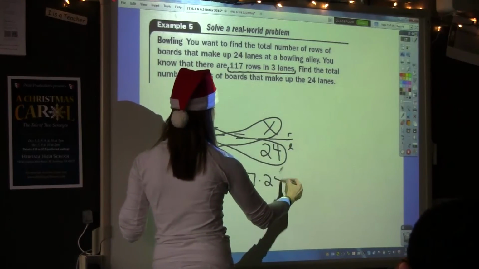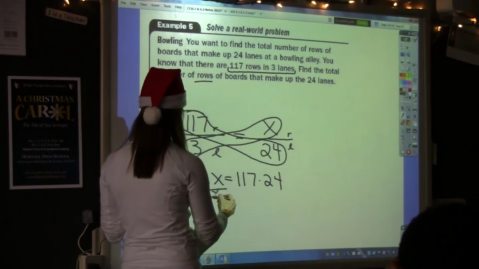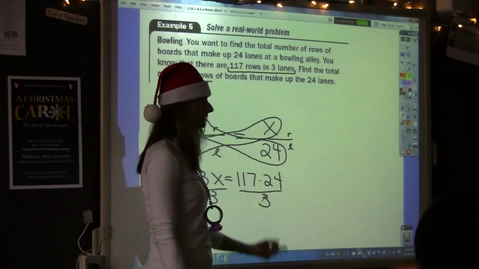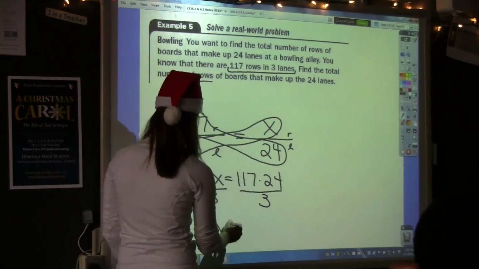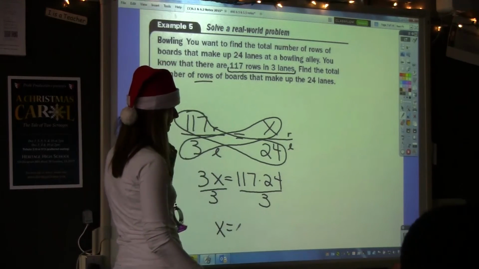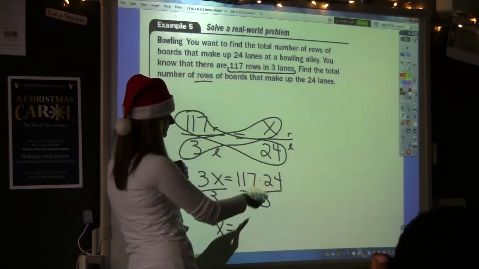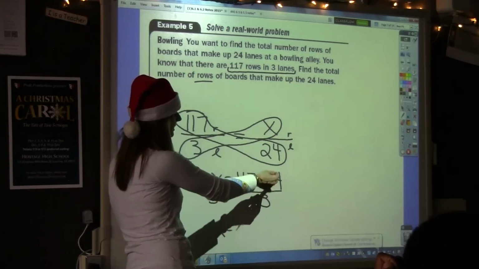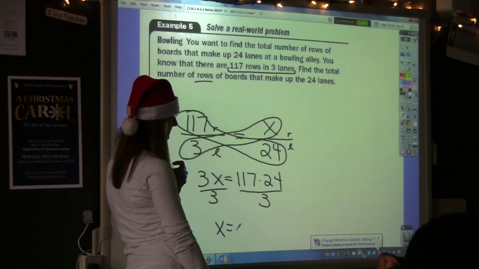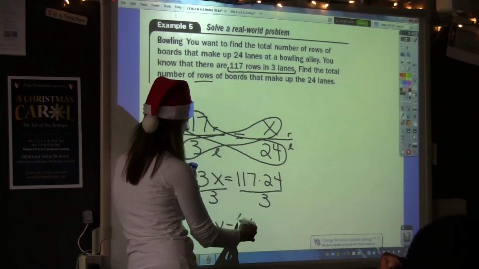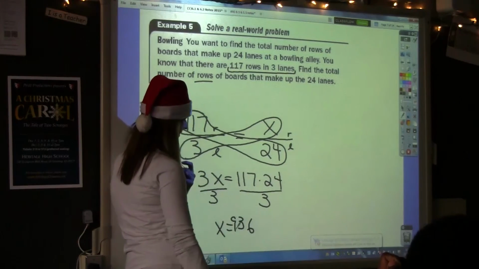So you can multiply 117 by 24, but just wait. Take out your calculator, multiply, divide. 936. Yeah, that's what I'm getting, because 24 divided by 3 is 8, and 117 times 8 is 936.